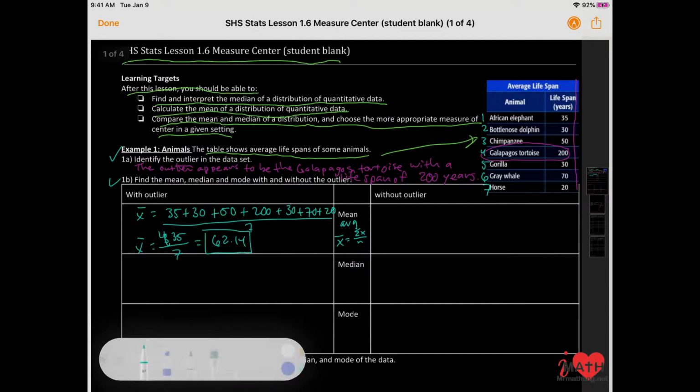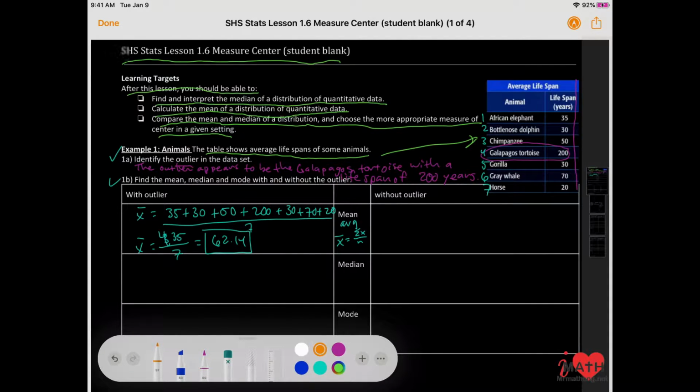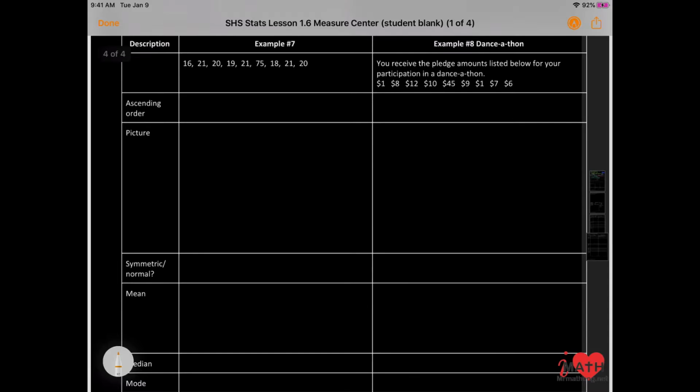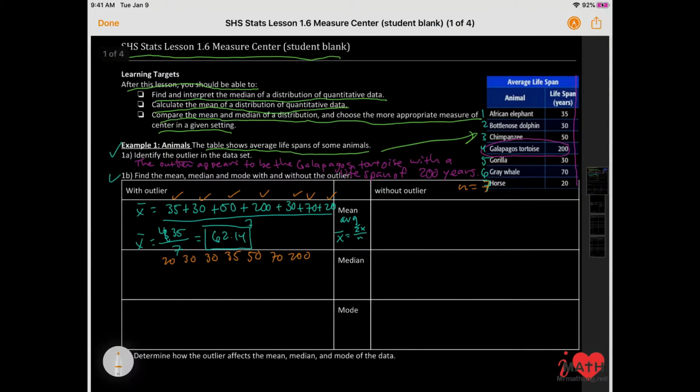Okay, let's go ahead and do the median. If I list out all of these in order, 20, 30, 30, 35, 50, 70, and 200. Remember, we have 7 numbers, so n is equal to 7.